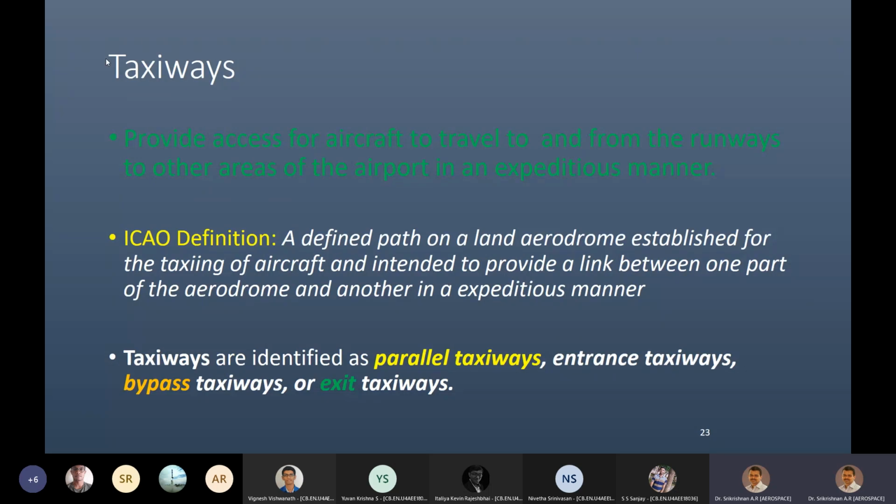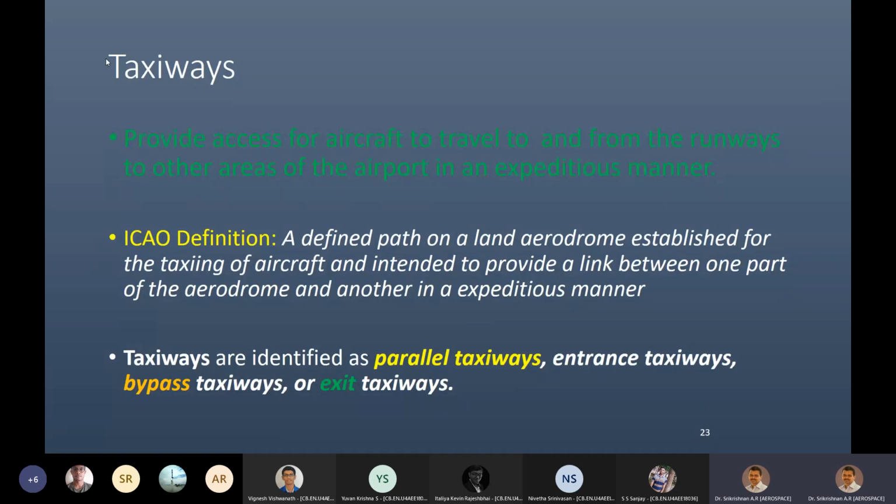So, for an aircraft which is landing or which has just landed, once it exits the runway, the route that it takes till it is parked is what is referred to as the taxiway.